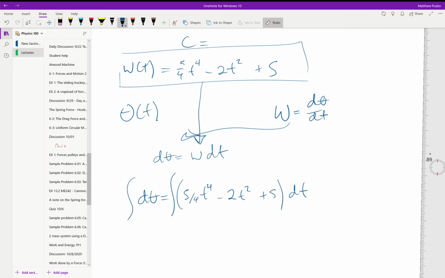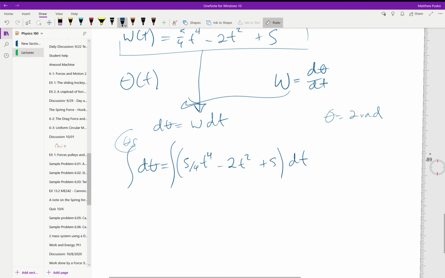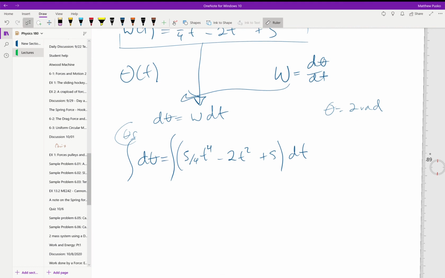Then we can integrate it. If you're looking for the final position, you could integrate to the variable, but you'd have to know the initial, which we do. We have the initial angular position as theta equal to 2 radians. But we're going to find a general expression for any time t. So evaluating at theta equal to 2 and t equal to 0.